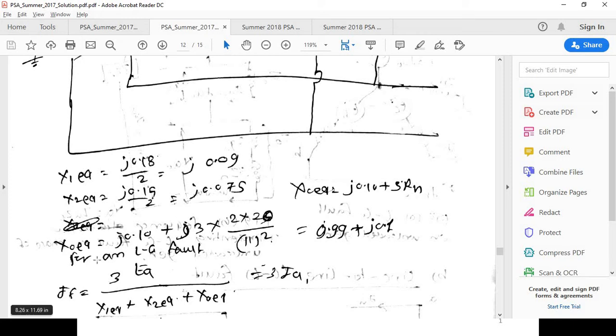So X0 equivalent is equal to j0.10 plus j3 into 2 into 20 upon 11 square, that is 0.99 plus j0.1.